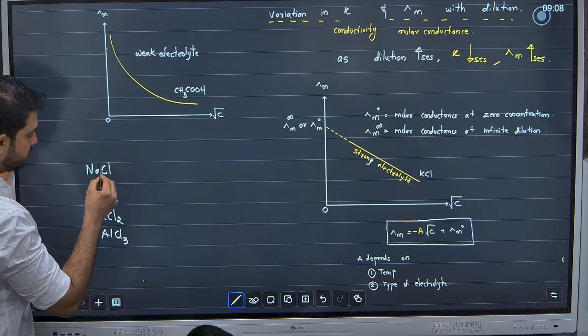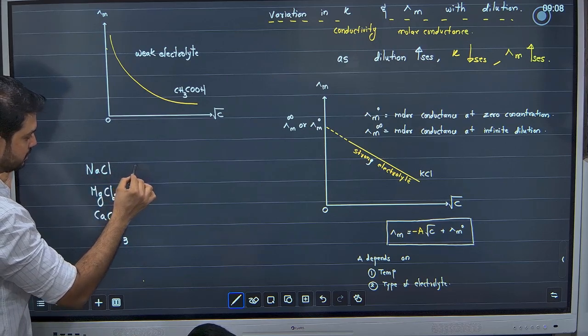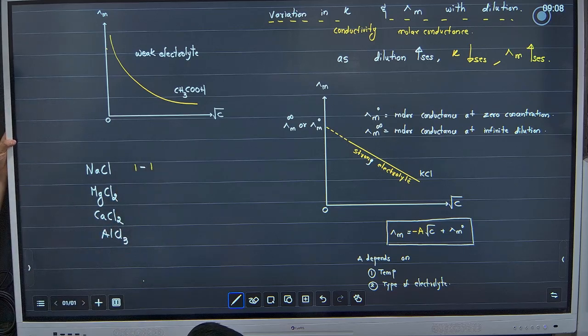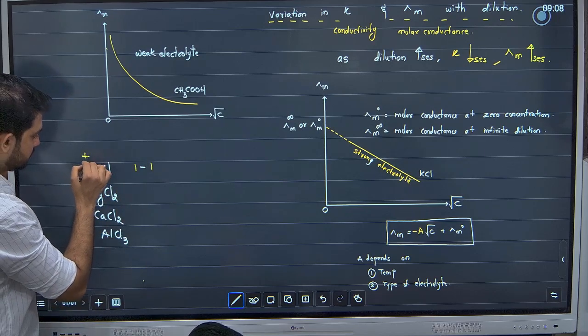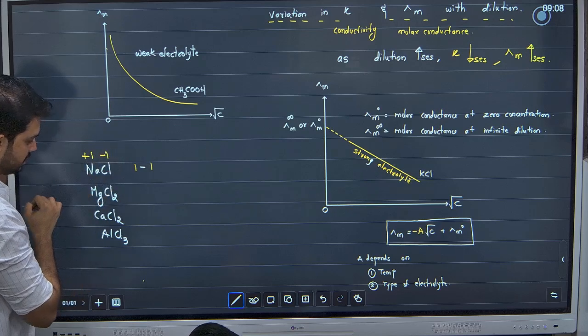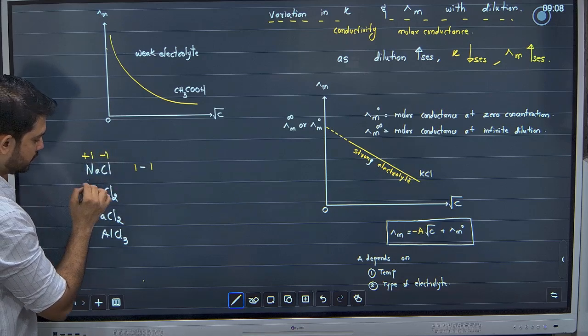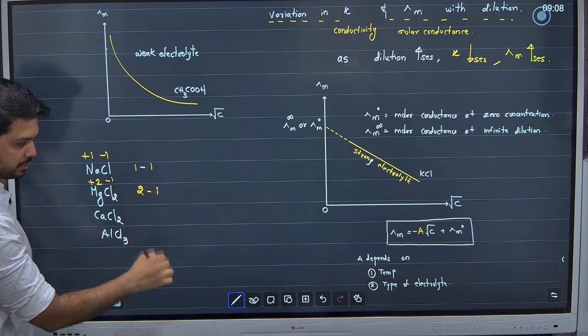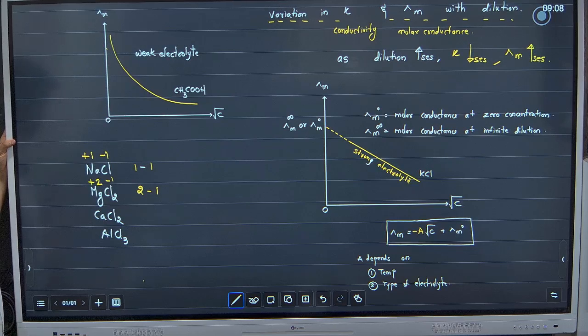Type of electrolyte. So NaCl is called as a 1-1 electrolyte. 1 का मतलब cationic charge, ionic charge. MgCl2 is called as 2-1 type electrolyte.